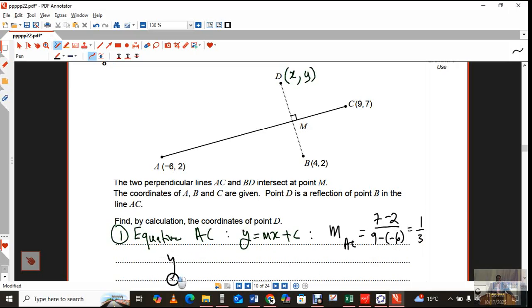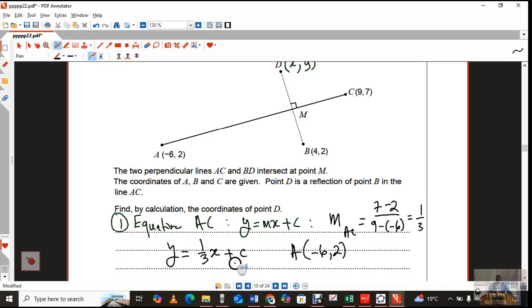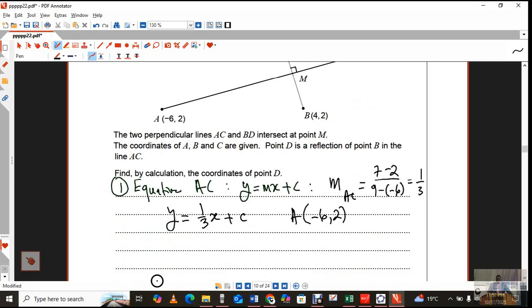So my equation is taking the shape y equals 1 over 3x, but I don't know what c is. So I'm going to substitute either point A or point C. It doesn't matter which point you substitute here. If I take point A, which is negative 6, 2, and substitute it in, y is 2 and x is negative 6 plus c.